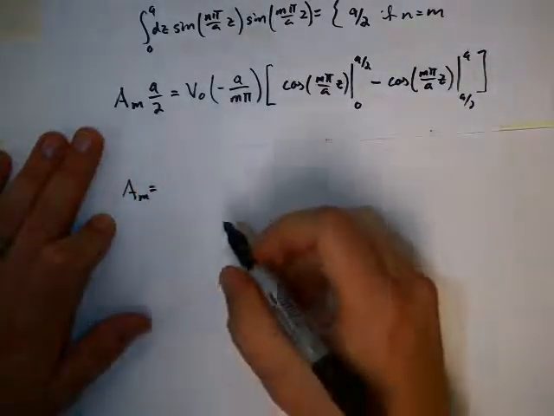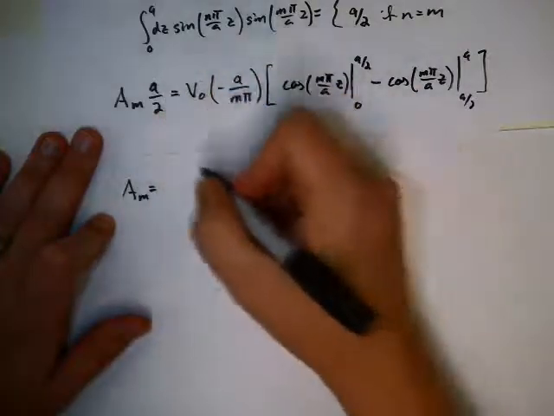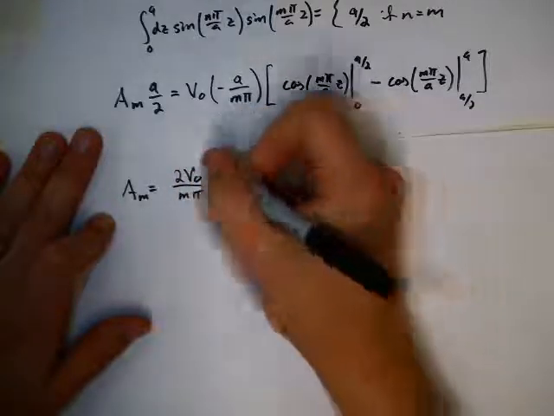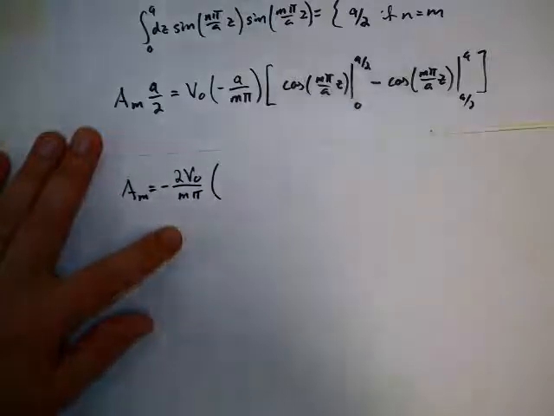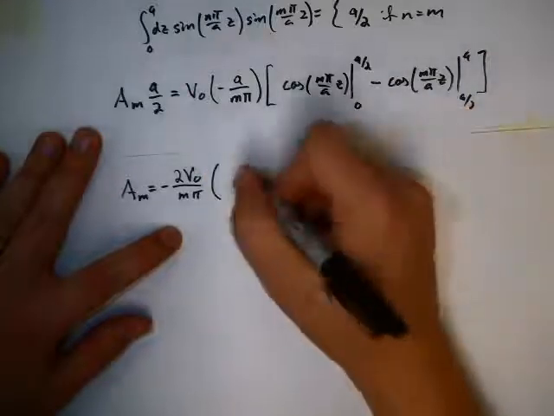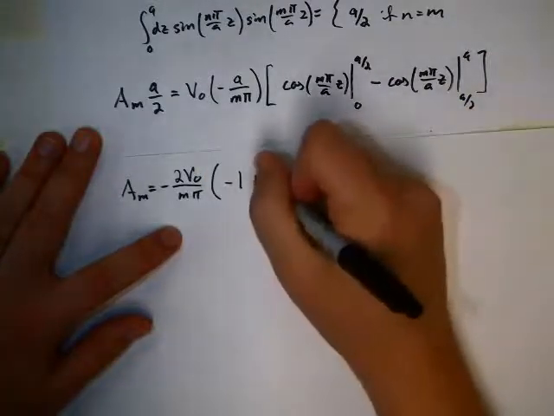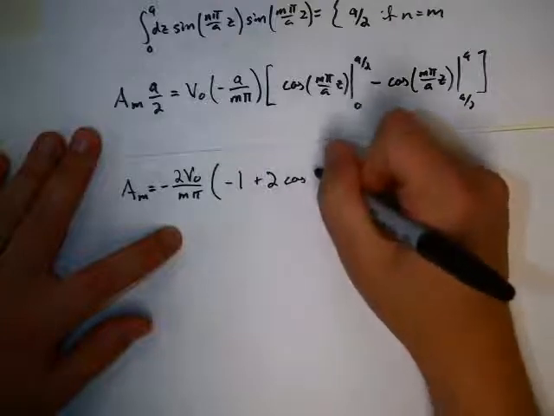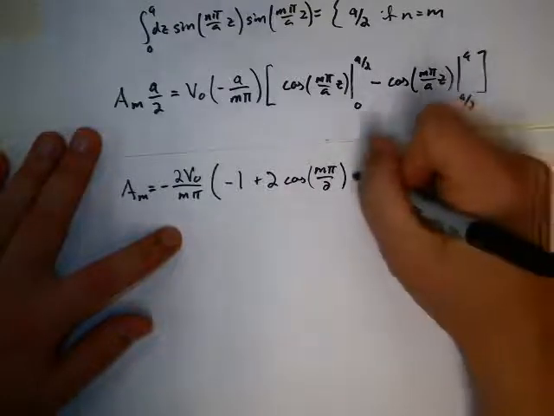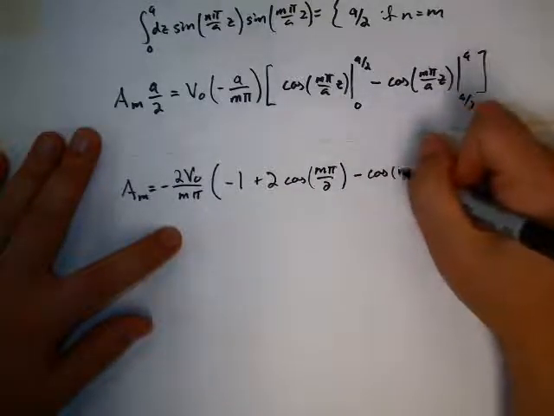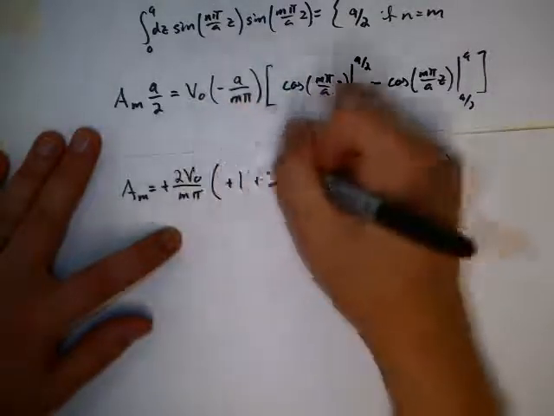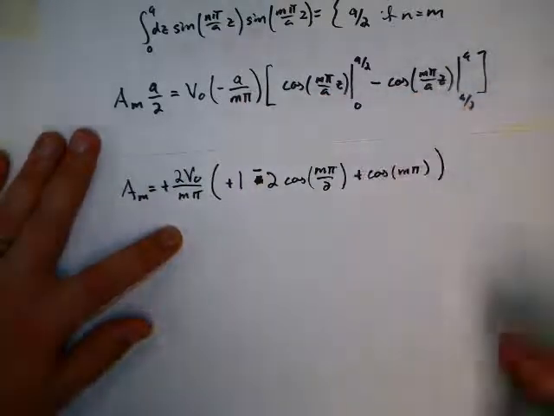I'm going to multiply by a over 2 as well, which will be 2 V naught over m pi, keep the minus sign, and here I'm going to get the minus 1 from here, and then 2 cosine of m pi over 2, and then minus cosine of m pi. I distribute the minus, so this will be plus 1 minus 2 cosine of m pi over 2 plus cosine of m pi.